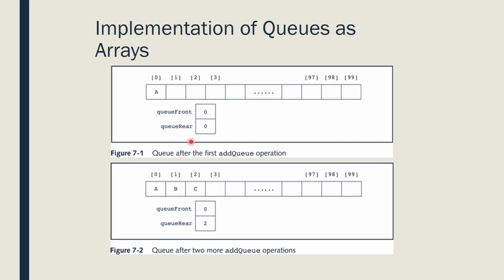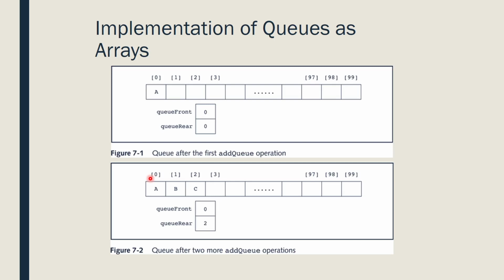So B will be added after A and C will be added after B. And the queue front is still pointing to 0 since this is your front element.